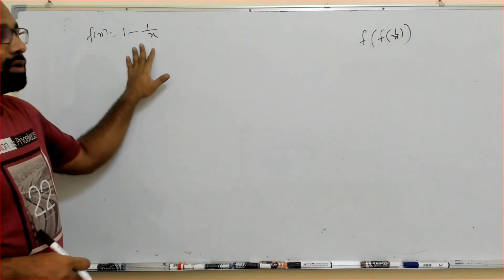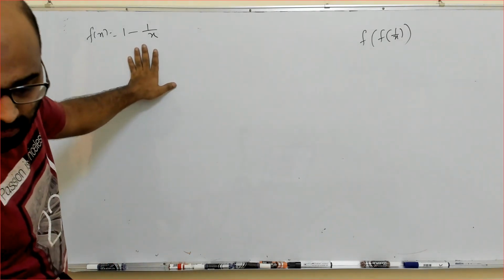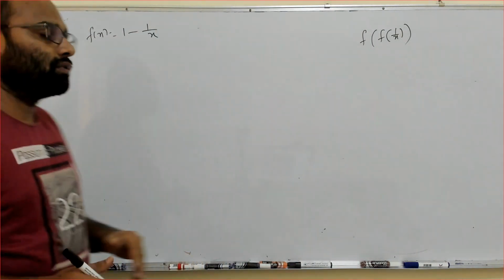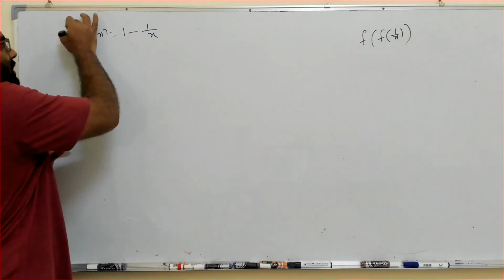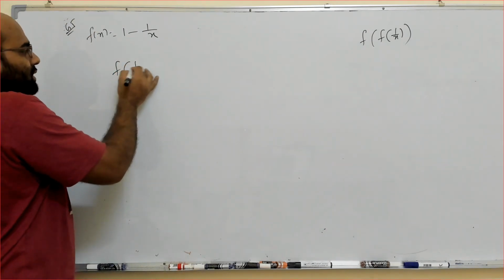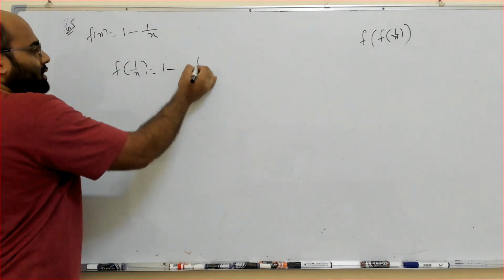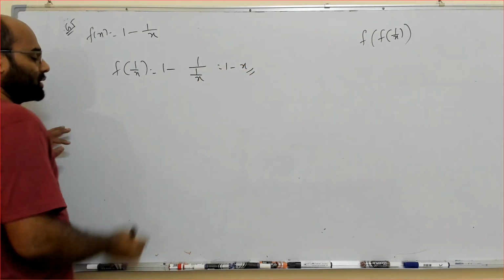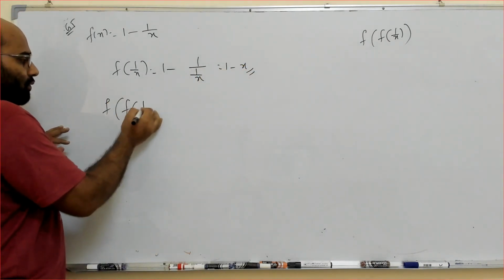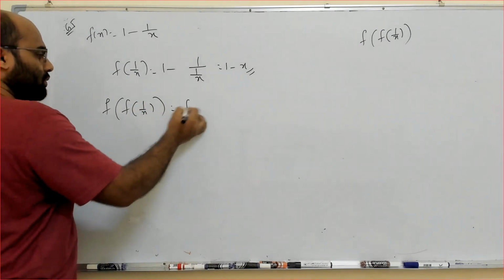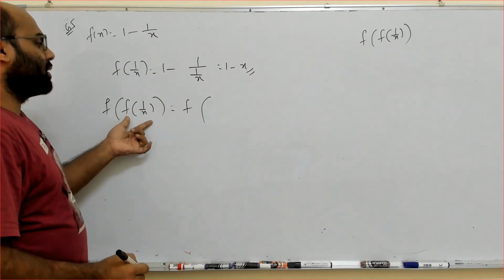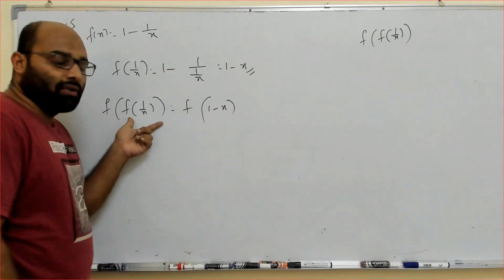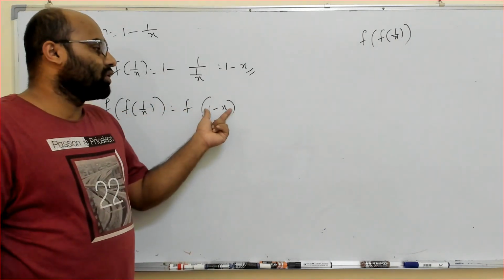If f(x) = 1 - 1/x, prove that f(f(1/x)) is what? First I'm going to find f(1/x). Given this, f(1/x) is 1 - 1/(1/x), which equals 1 - x. Don't forget it. Now f(f(1/x)): f(1/x) we just got as 1 - x.